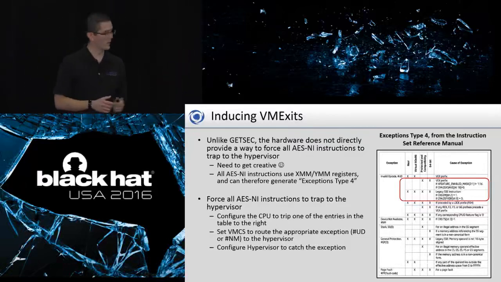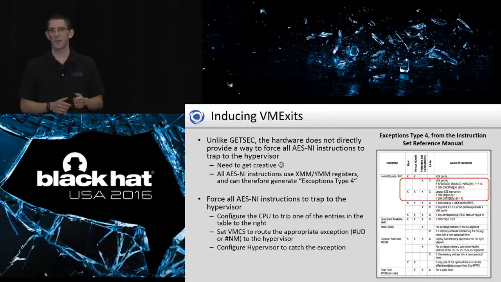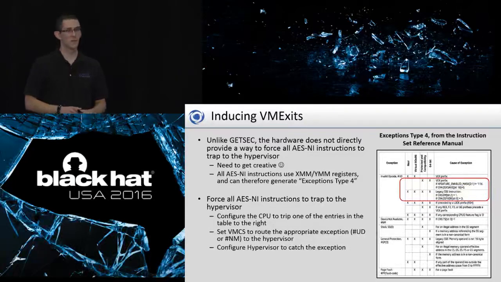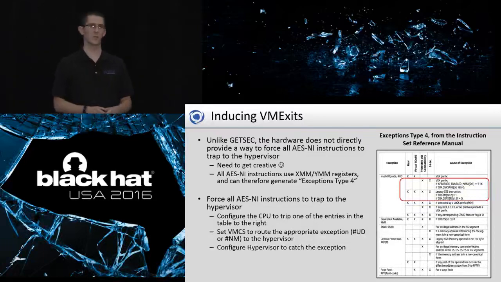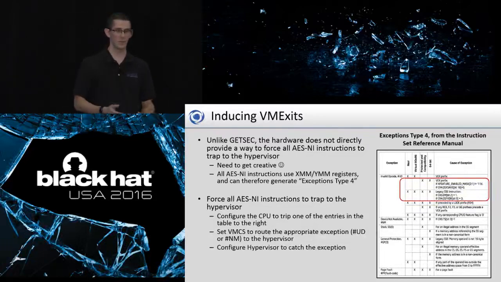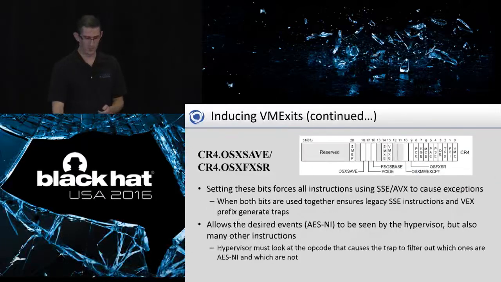But then there's a couple I circled in red that are dependent on the state of the CPU, specifically bits in the control registers. Well, that's cool. The hypervisor can manipulate the control registers and has free rein to do so. So that looks interesting. Let's try that.